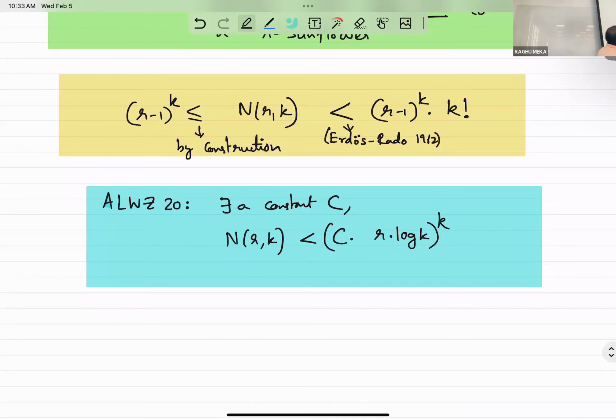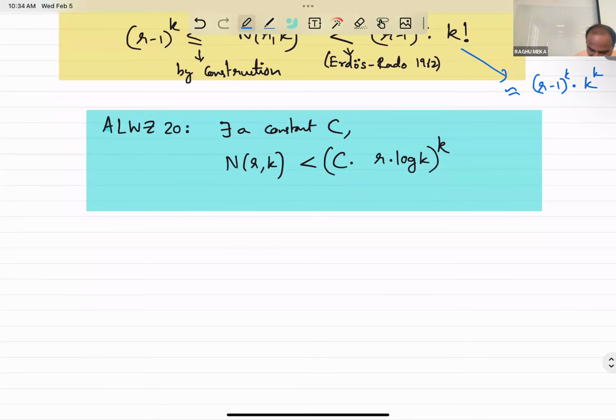Now, one way to compare these two bounds is this: it is essentially like (r-1)^k times k^k. So how does k factorial grow with k? It grows as k^k up to some constant, like (k/e)^k or something like that. It doesn't matter. So instead of getting k^k, now you have (log k)^k.